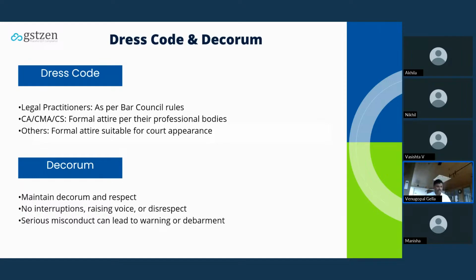So this is an important thing that you should be aware of. The decorum needs to be maintained. This is given in the rules. I would request people to refer to the miscellaneous rules, the GST procedure rules, which have clearly discussed all the decorum and everything. Very important, which has to be looked into.